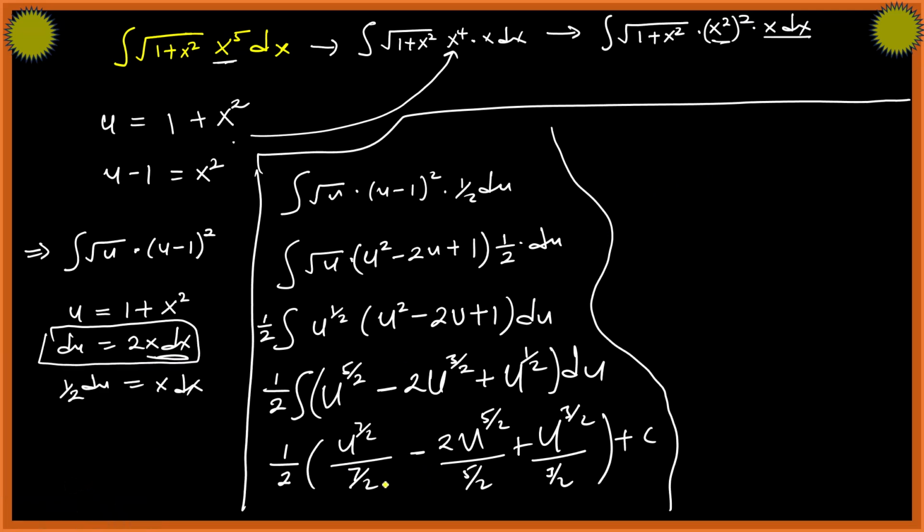So let's reduce this one. This can be written as 2u raised to 7 on 2 over 7, minus 4u raised to 5 on 2 over 5, plus 2u raised to 3 on 2 over 3.